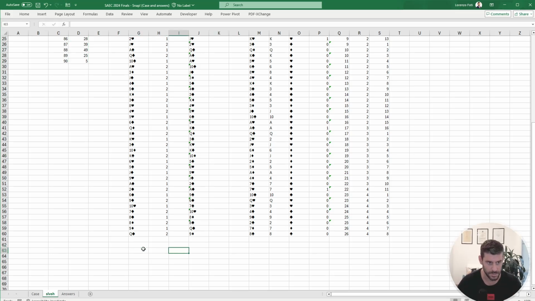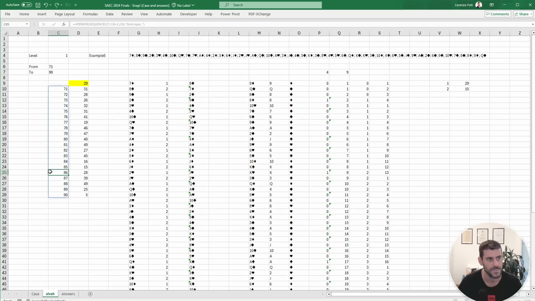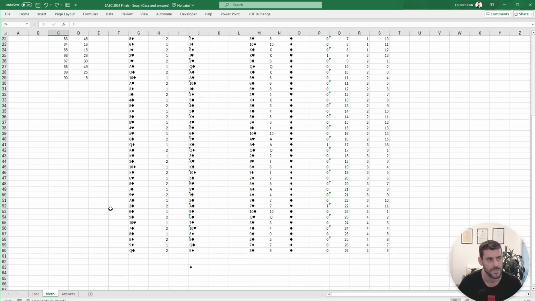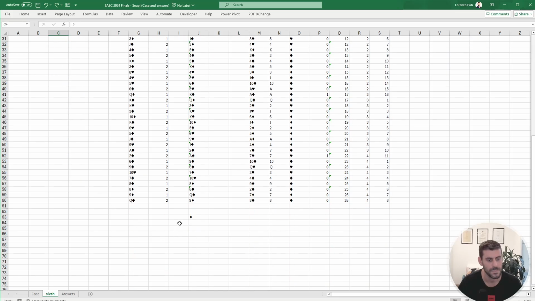So suit. Should have the suits somewhere. Oh, interesting, I don't have the suits. Unique suit.